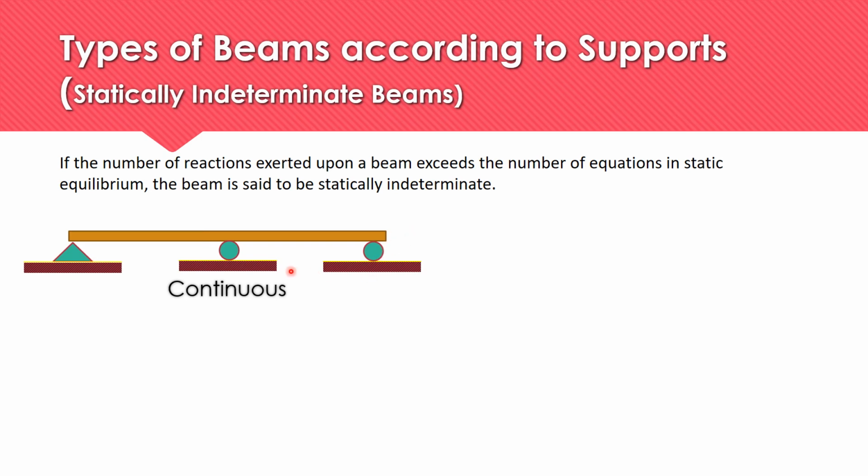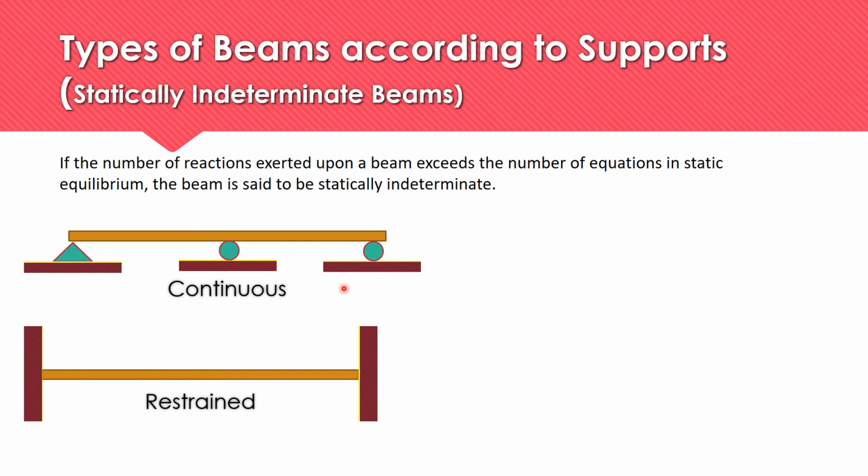But here, there is another support. So additional reaction ito na kapag binilang natin yung available equations to solve for the reactions, so we will be needing additional equations. So this is a restrained beam. As you can see, two ends are fixed.